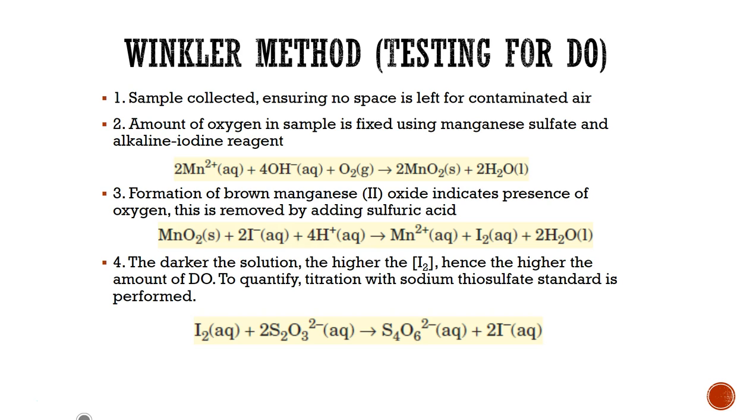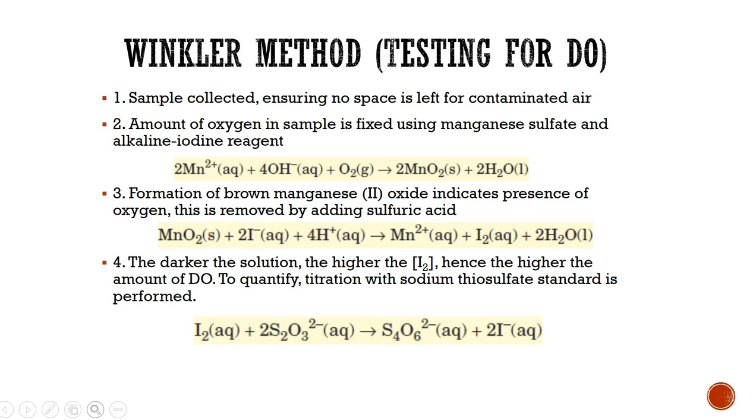But you can see from this that the initial amount of manganese that we put in, we can follow the reaction all the way through, and we can see that the amount of iodide can be linked to the amount of oxygen through stoichiometry. We'll do some practice questions on this because it has multiple equations, but really what you need to do, remember, is that we follow the oxygen and the iodide.